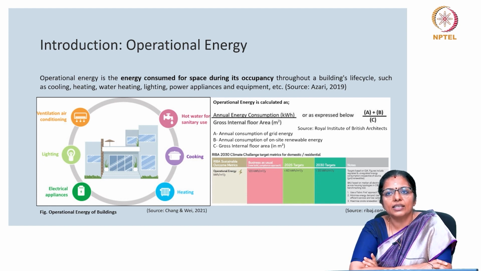REBA has set targets for reduction of operational energy by 50% by the year 2025 and by over 70% by the year 2030. These programs aim not only to lessen a building's carbon footprint but also to increase its worth and durability.